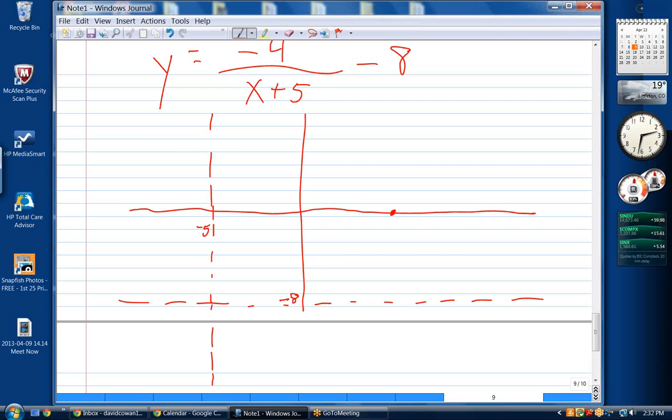Okay. So when x is equal to +5, what is y equal to? So that's 4/10 minus 8. Which side of that horizontal asymptote is that on? This side here or this side here? The first or the fourth quadrant?